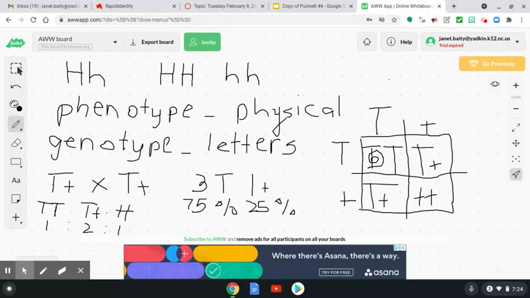Ratio. Now, if we change that to percentages, that's going to be 25. This is going to be 50.